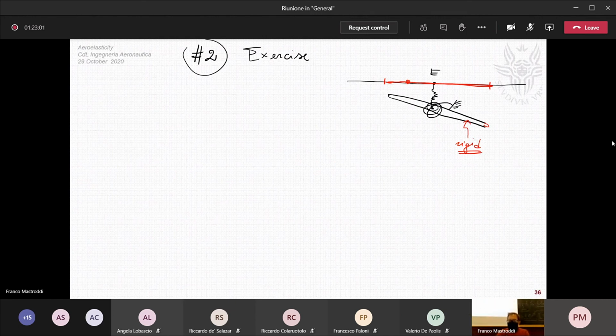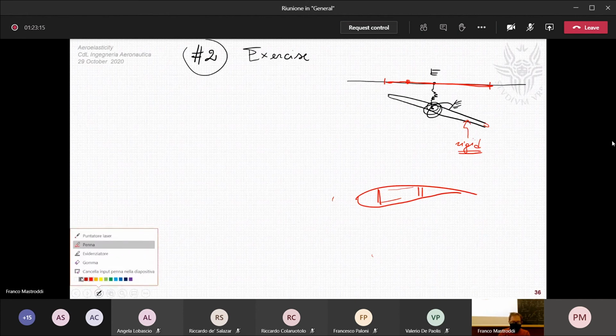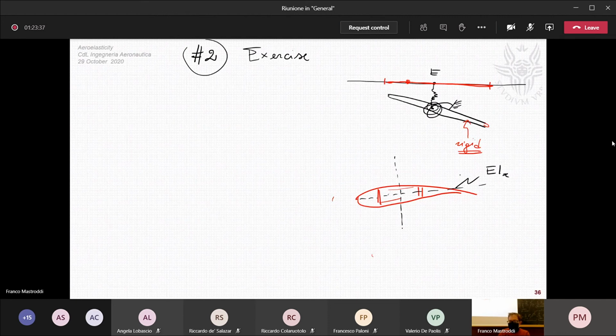You have typically a wing box like this. And therefore, the elasticity with respect to this neutral axis, and with respect to the bending about this other neutral axis, you have EIX, and for this you have EIY.